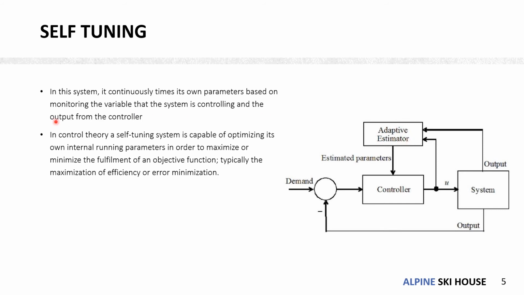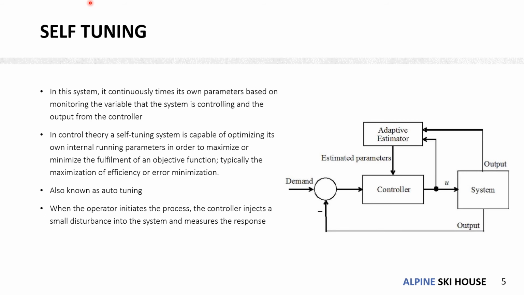So in short, based on the readings from the system, that is the inputs to the system and the output from the system, the adaptive estimator tries to maximize or minimize the objective function by varying the input variables. As a result, it is also known as auto tuning, as the system itself tunes to obtain the required output.